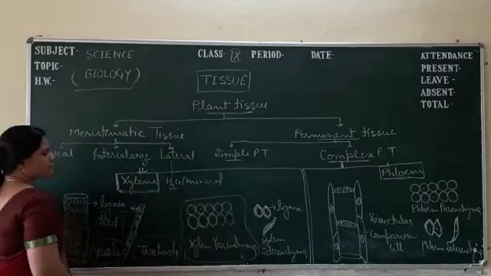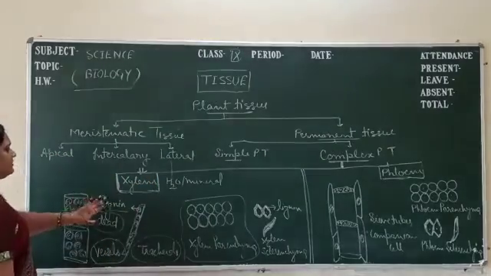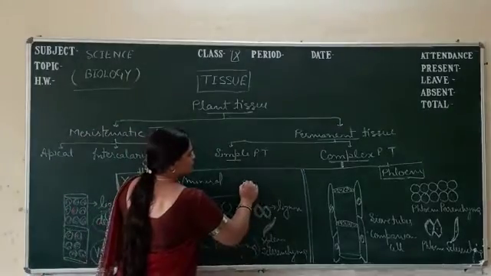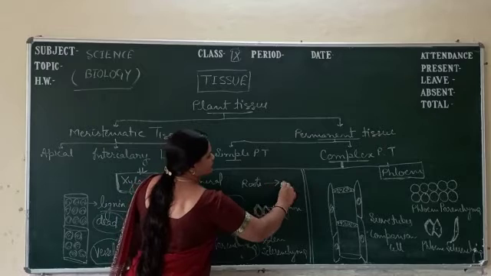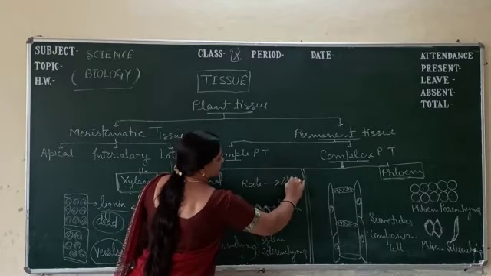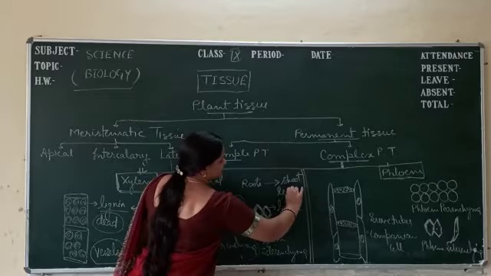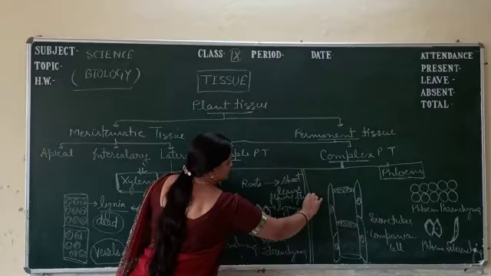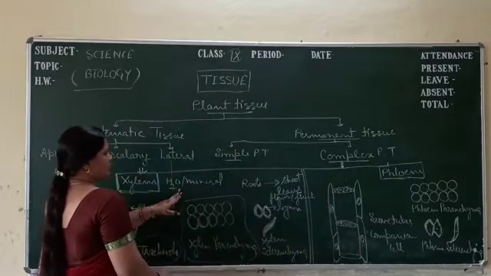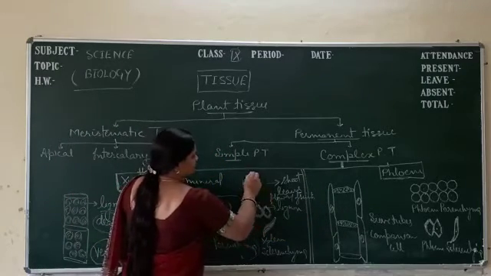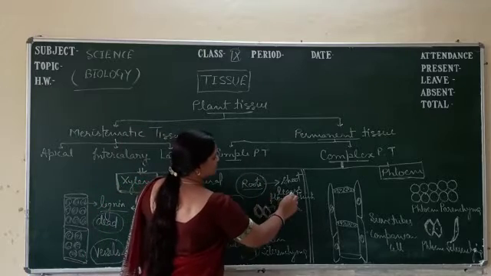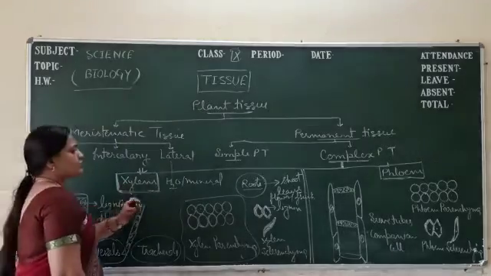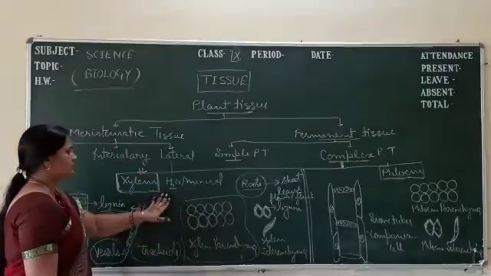So they provide the food for xylem, and the function of xylem is conduction of water and minerals from roots to the other plant parts, the shoot. The shoot includes leaves, flowers, fruits. So the xylem conducts water and minerals from the root, it starts and reaches up to the leaves, and after this the leaves can do photosynthesis. So this is all about the xylem.